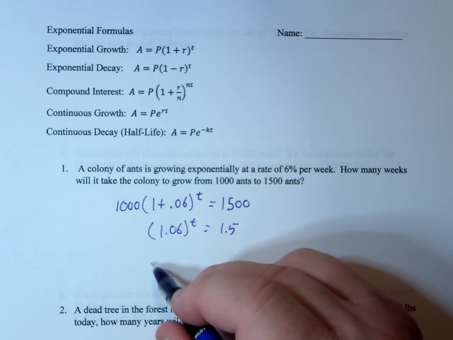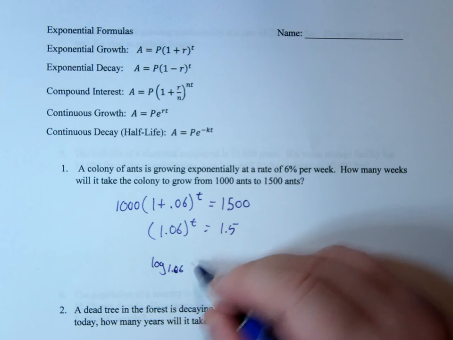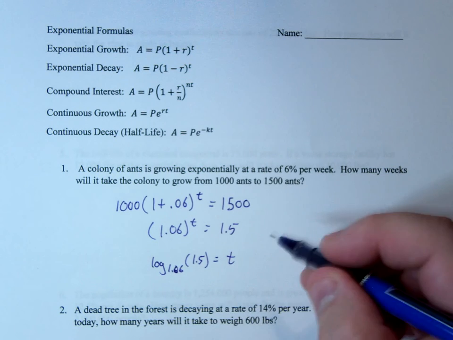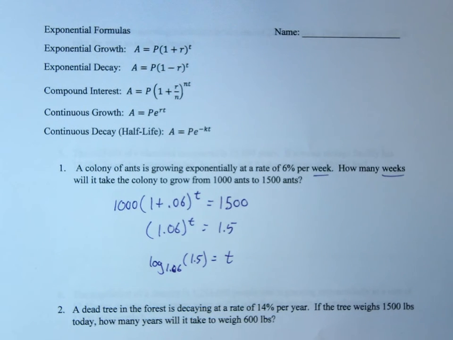Rewrite that in log form, so log base 1.06 of 1.5 will equal t. Remember, it's per week and how many weeks, so we're good with the question.